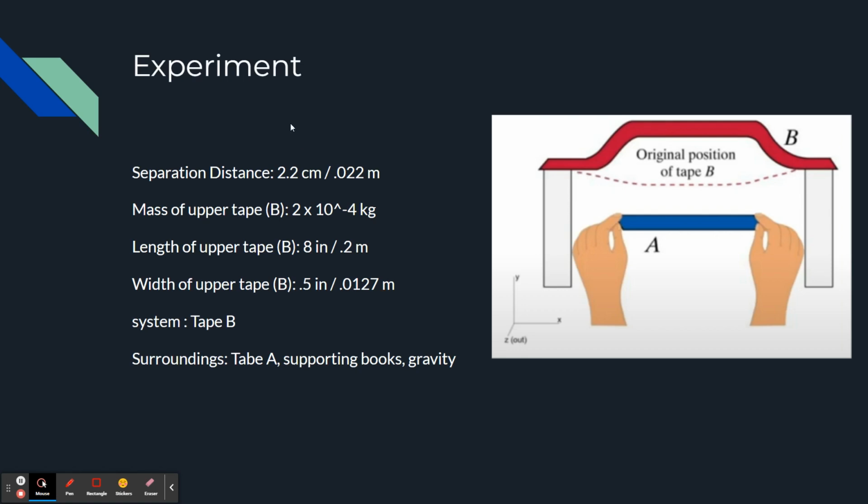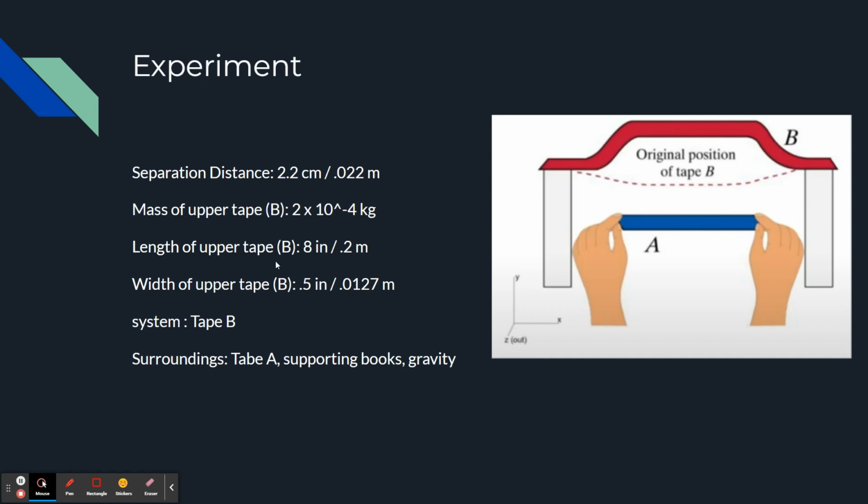So for this experiment setup, we have a separation distance between tape A and the fixed tape B of 2.2 centimeters, or 0.022 meters. The mass of the upper tape, tape B here in red, is 2 times 10 to the negative 4 kilograms.